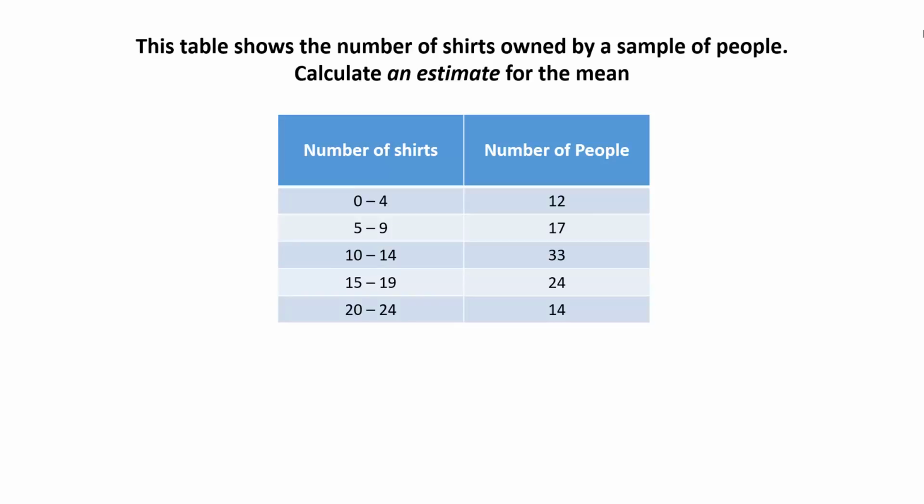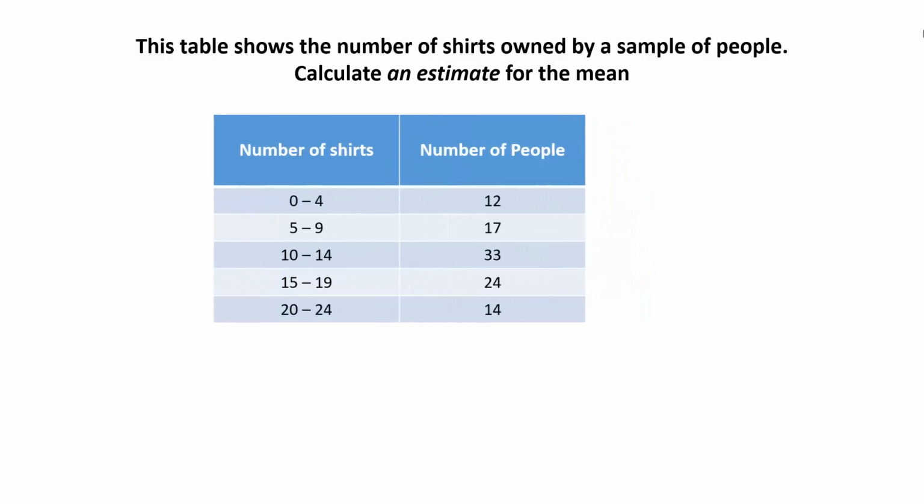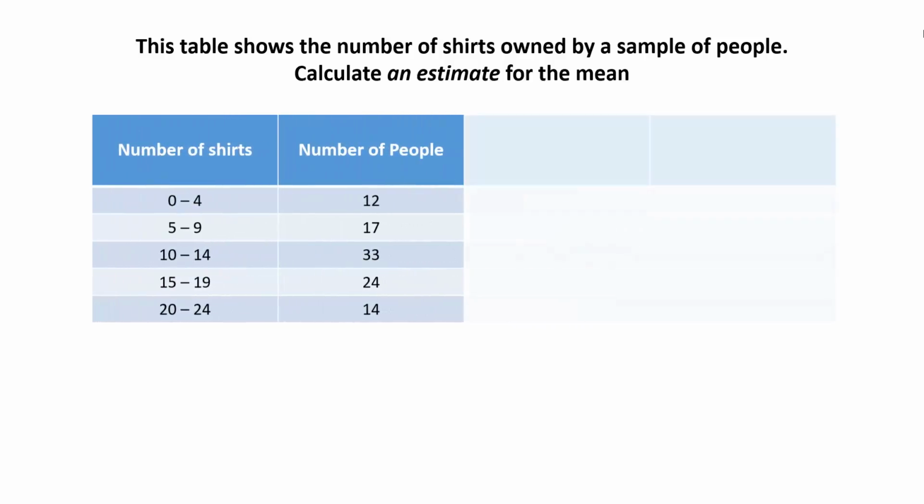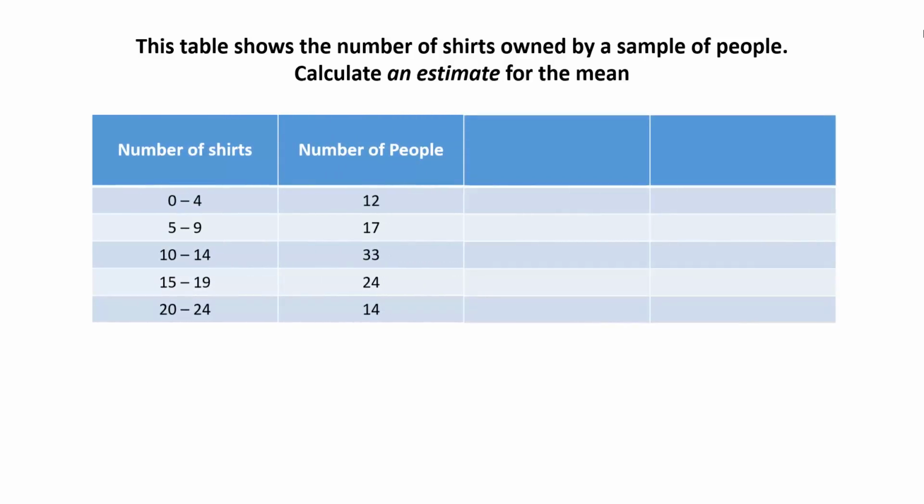There's our table, number of shirts, number of people. Now we need to shift that across and we're going to have 2 extra columns. Remember the one I was saying was midpoint? So what is the midpoint between 0 and 4? Well, to get that, we do 0 add 4. That's 4. 4 divided by 2 is 2. There's the midpoint. Next group, 5 to 9.